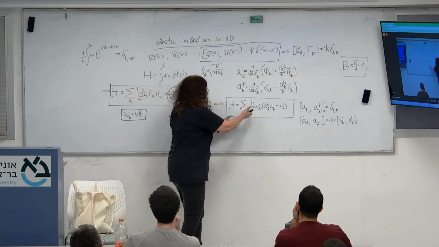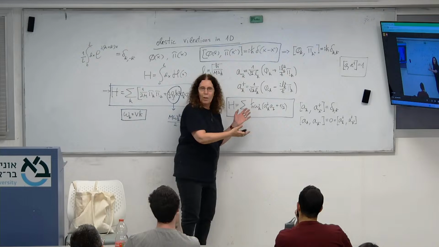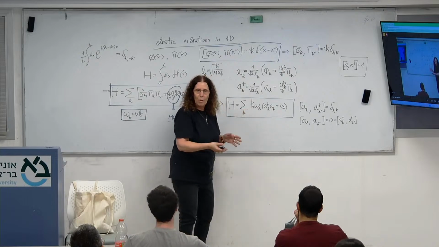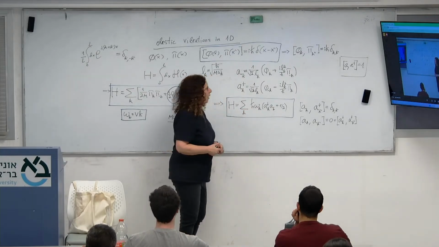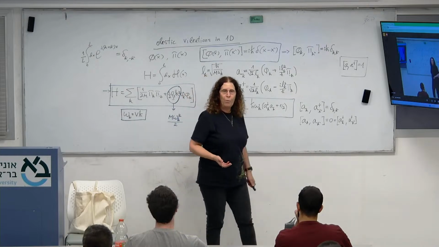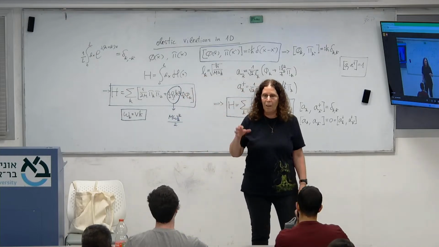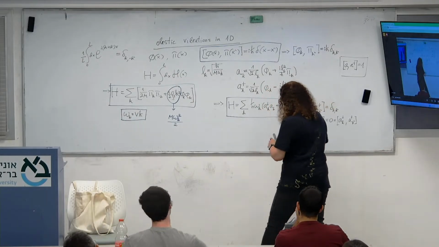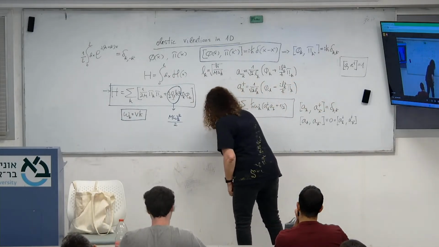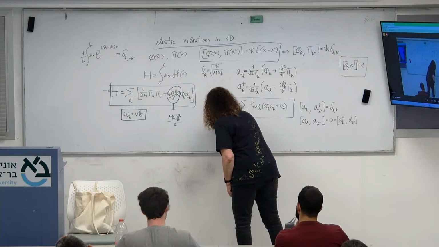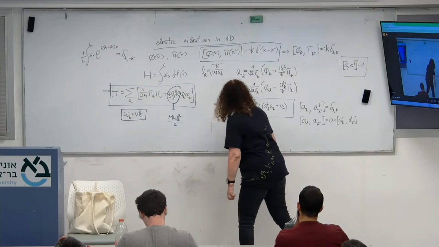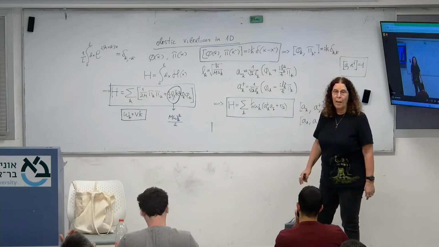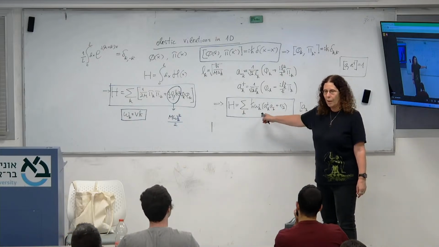So if you like, this is a free gas of harmonic oscillators, okay? The modes are independent, and therefore, the wave function is just a simple independent product of all of them, and I can write the most general quantum state, eigenstate of this Hamiltonian.